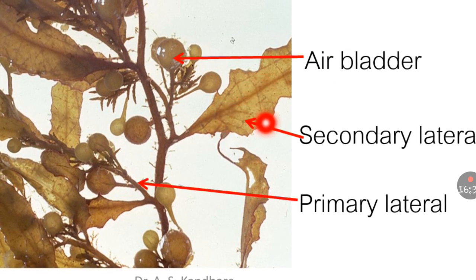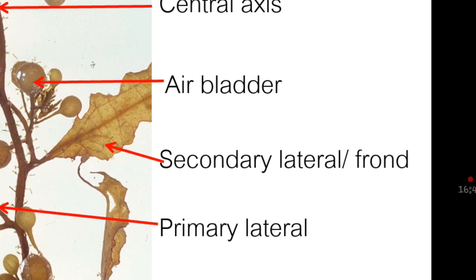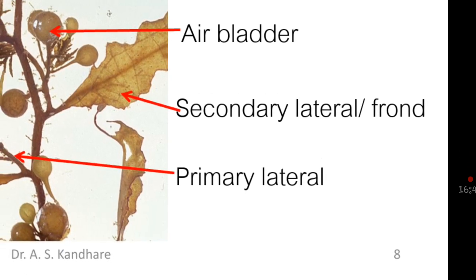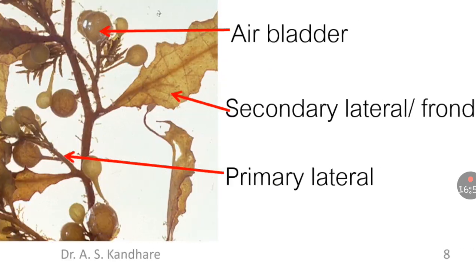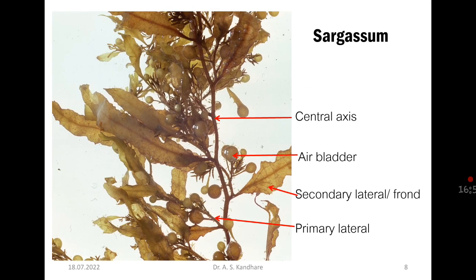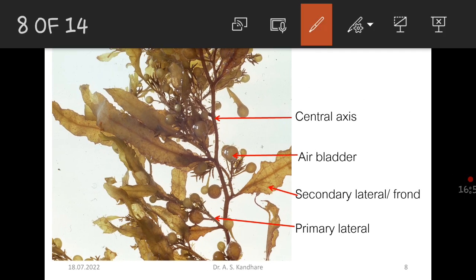lamina or leaf, it is also called secondary lateral और फ्रॉन्ड, जैसा मैंने ऊपर बताया, और ये सेंट्रल एक्सिस से एक ब्रांच निकलती है, उसको प्राइमरी लैटरल कहते हैं, और ये जो पत्ता दिख रहा है इसको सेकेंडरी लैटरल बोलते हैं। So here you can see the प्राइमरी लैटरल, isn't it?